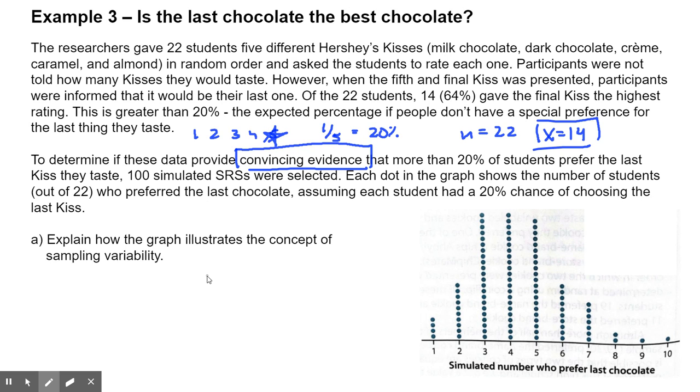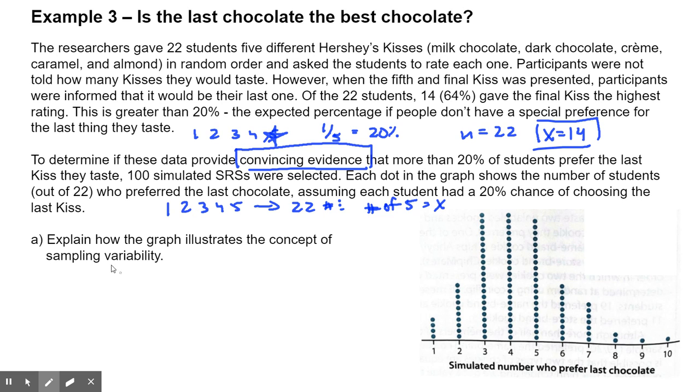Somehow they had to have 5 choices, so maybe we used the numbers 1 through 5 and had a random number generator pick 22 numbers, and let's say we counted the number of 5s. That is what our x value is, and that's what all these dots are. This is how many people picked the 5th chocolate as their favorite. Again, we assume each one had a 20% chance, so there's an equal chance of each one being picked. That's why it's a simple random sample.